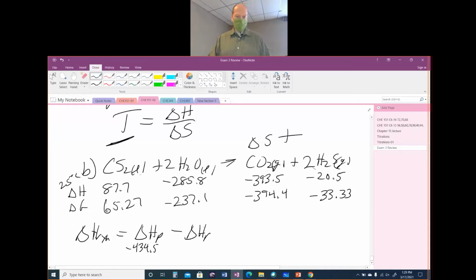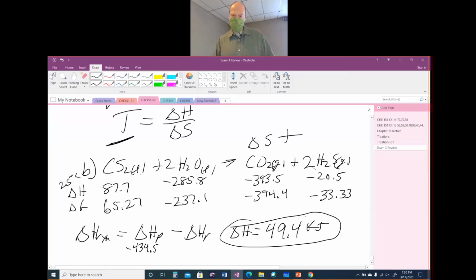Minus the reactants, 87.7, and then minus a negative 2 times 285.8. So you get your delta H to be 49.4. All right, so that is positive. That is an endothermic reaction.